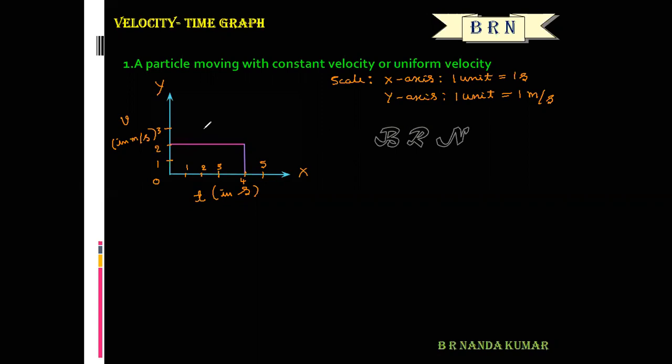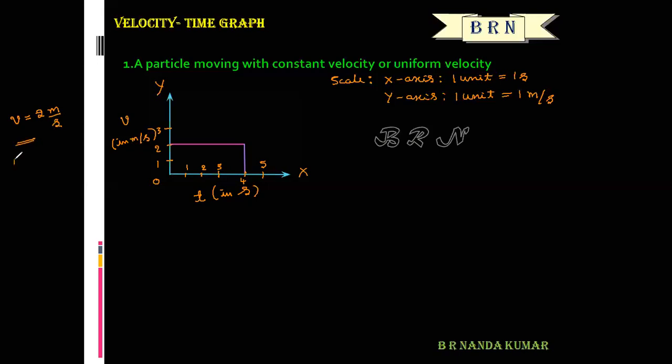So, a particle moving with constant velocity. Here the particle is moving with a constant velocity exactly equal to 2 meter per second. For example, a particle moving with constant velocity 2 meter per second.